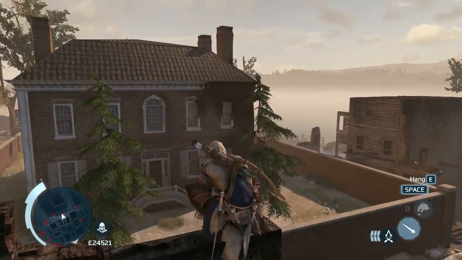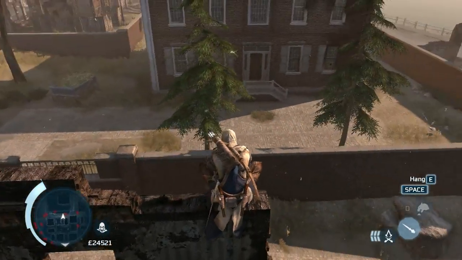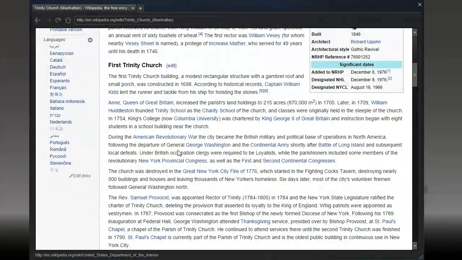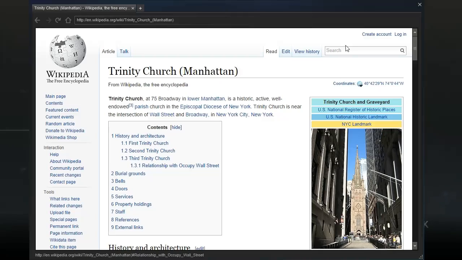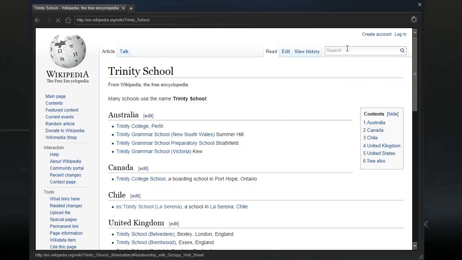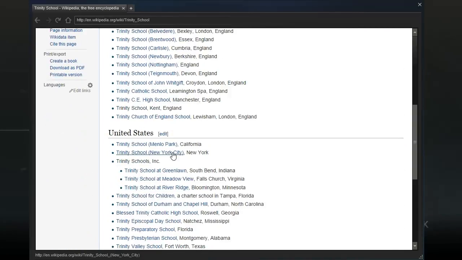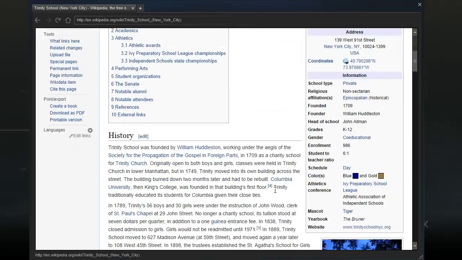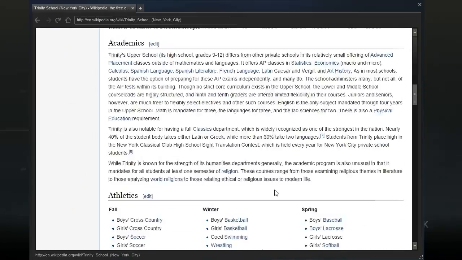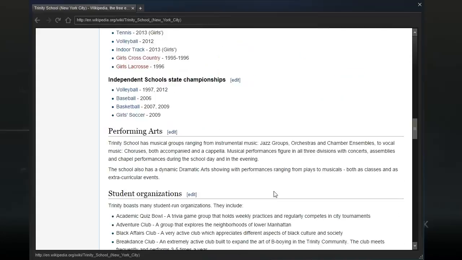You see it's been burned a little bit, but otherwise unscathed by the fire. So we go to Trinity School in New York City. That's not what it looks like.